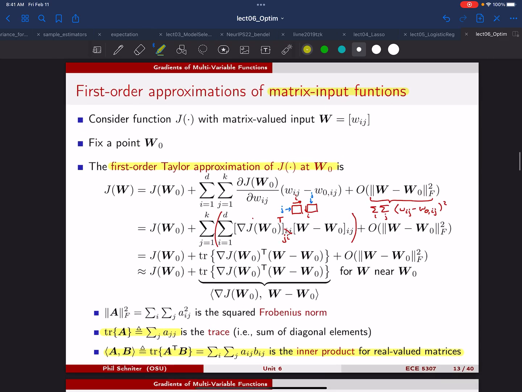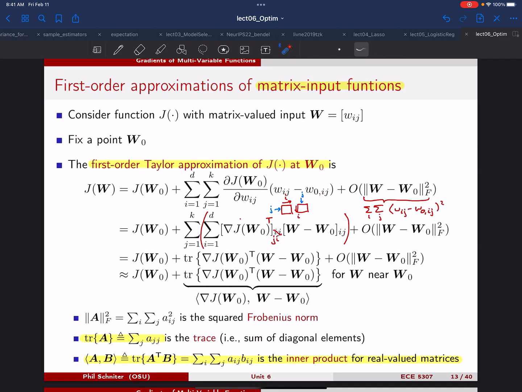What's nice about this is that at the end of the day, it's always the same expression. You can write an approximation for a cost evaluated at W, where W could be a matrix or a vector, it doesn't matter. You have the cost evaluated at the reference plus the inner product between the gradient and the error.